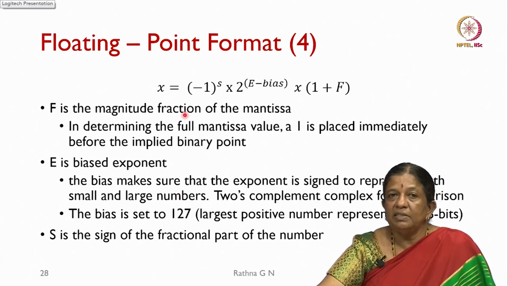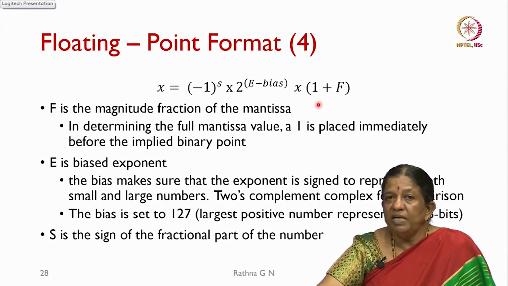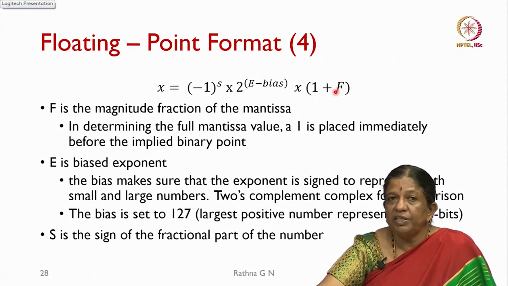So, x is minus 1 to the power of s into 2 to the power of e minus bias into 1 plus f. We know that f is the magnitude fraction of the mantissa. In determining the full mantissa value, the IEEE format specifies that a 1 is placed immediately before the implied binary point, the 1 dot format. That is why you add 1 to the fraction here.